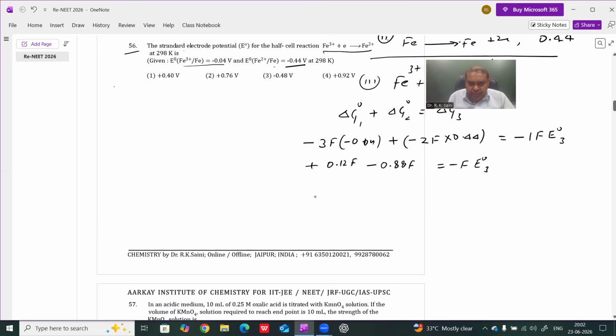On solving, we find minus 0.76 F equals minus F E third, and hence the final answer is plus 0.76 volt, with the help of free energy. Question next, 57.